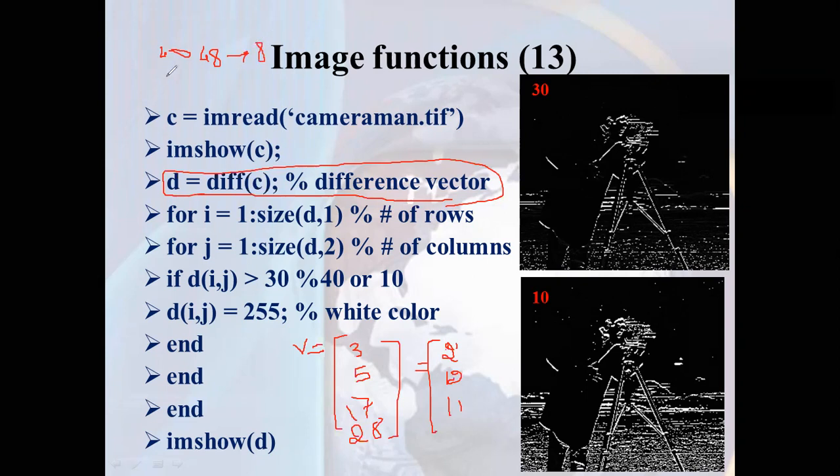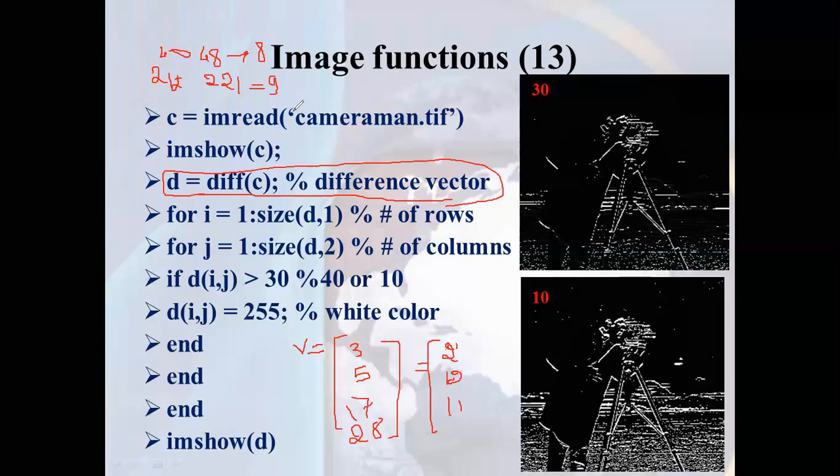Now, if we have two light colors, let's say 212 and 221, 212 minus 221 in absolute value is 9. Also, the difference is small. So the difference between two dark colors is approximately 0, and the difference between two light colors is also approximately 0.